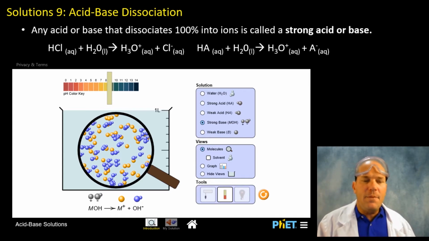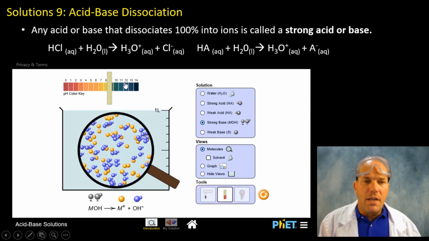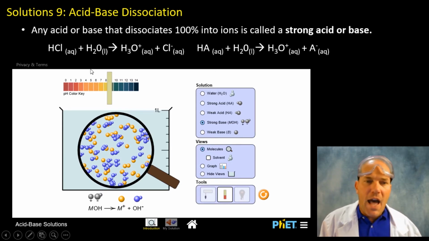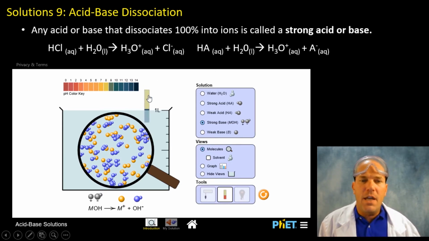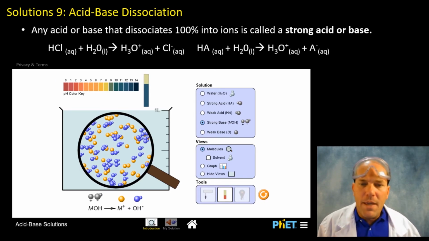The point being is that they have almost completely dissociated. Now, the more hydroxides there are in solution, the more basic. In other words, the higher the pH. So let's go ahead and dip it in, and we see we have maybe 13 or so for the pH, which means that we have a strong base.